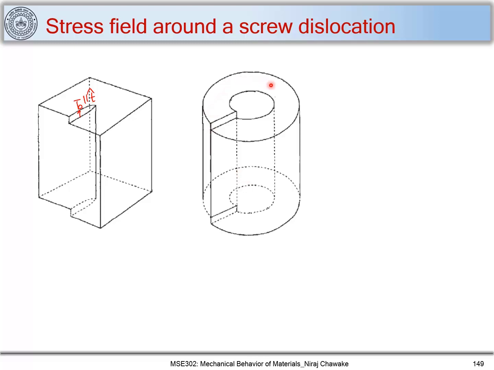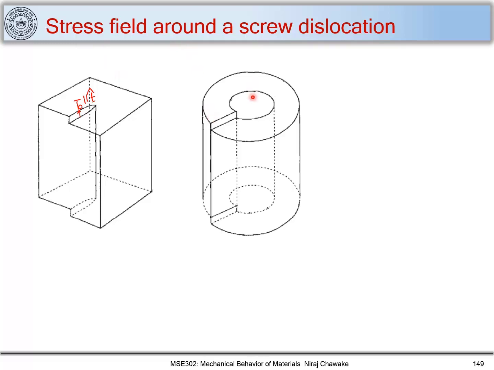That's how we can generate a screw dislocation using a Volterra cut. Now we'll look at how to mathematically derive the stress field around a screw dislocation using the theory of elasticity for continuous media. We take this as a continuum solid, and from this theory we try to find the stress field around the dislocation.